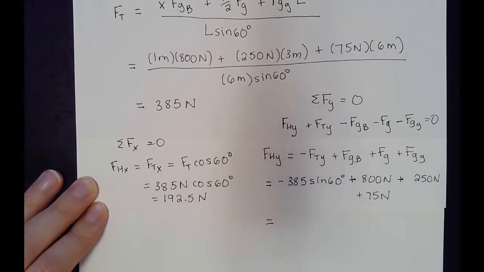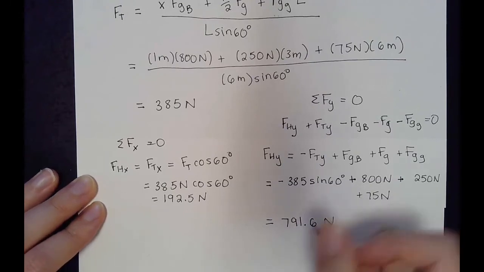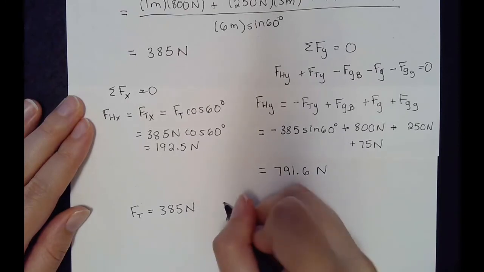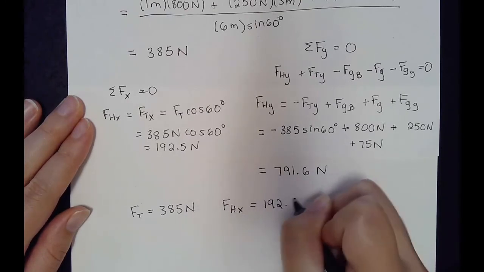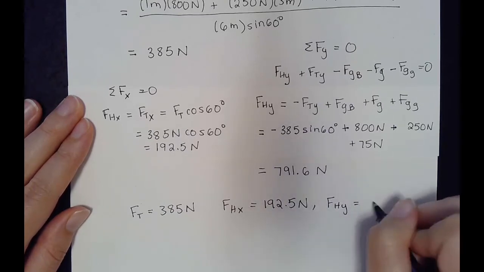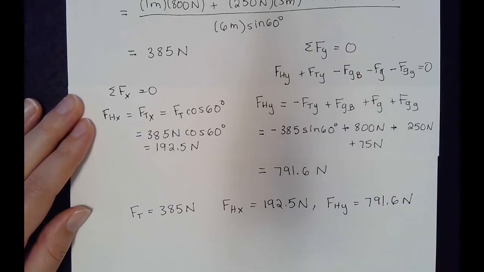So adding those all up to get the y component of the hinge force, it's 791.6 newtons. So our three unknown forces were Ft equals 385 newtons, and then we have the x component of the hinge force, 192.5 newtons, and the y component of the hinge force is 791.6 newtons.